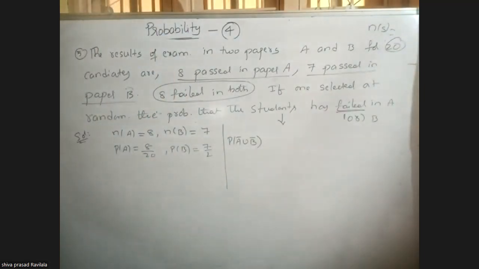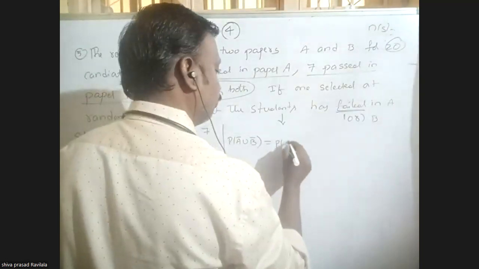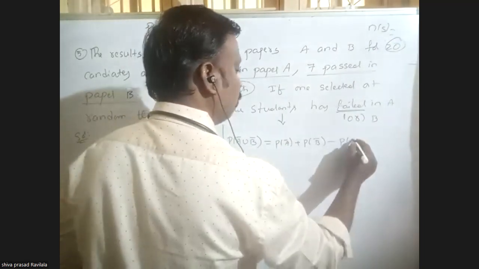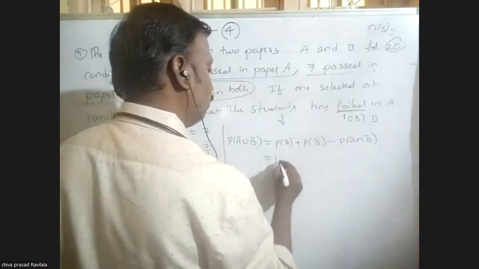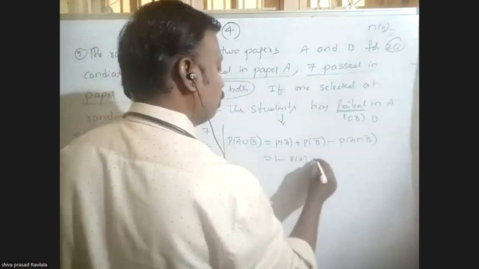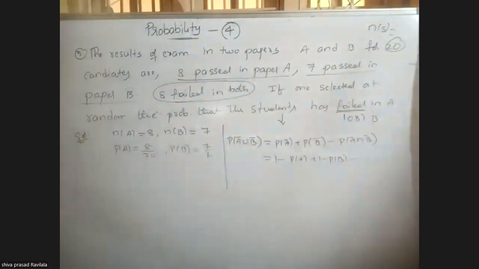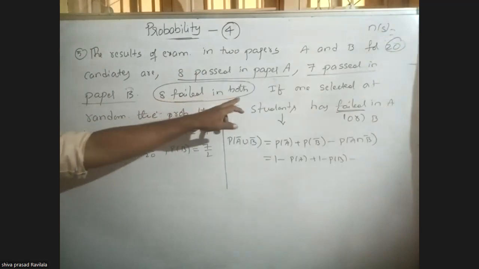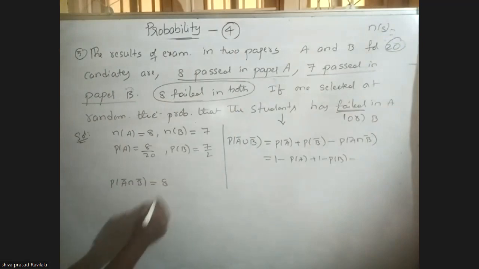Passed means probability of A union B. A complement union B complement is probability of A complement plus probability of B complement minus probability of A complement intersection B complement. A complement value is 1 minus probability of A, 1 minus probability of B. This one is clearly given: probability of A complement intersection B complement, 8 failed in both.